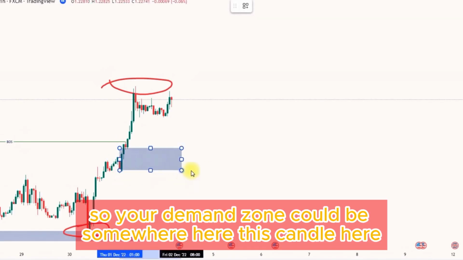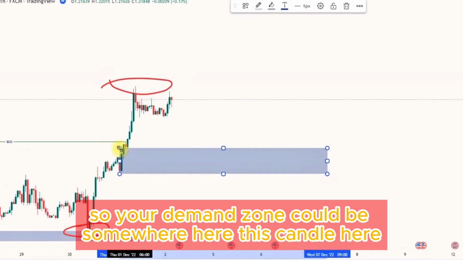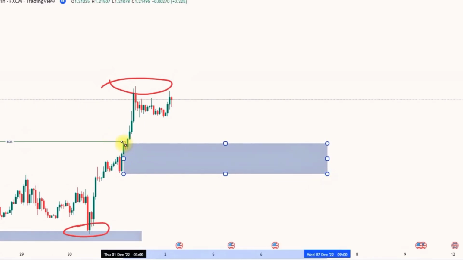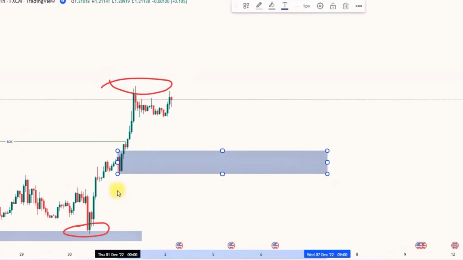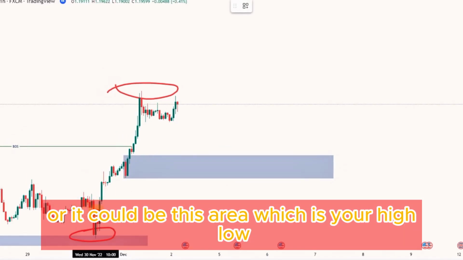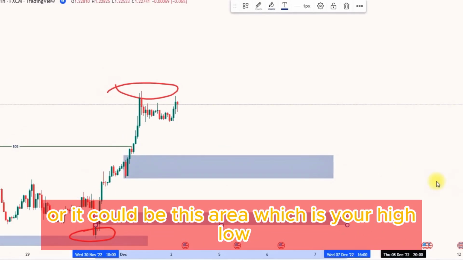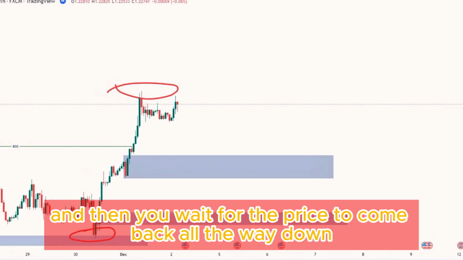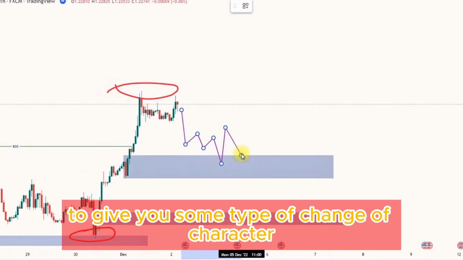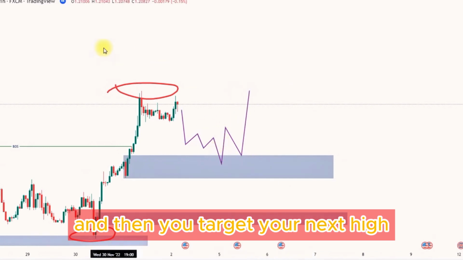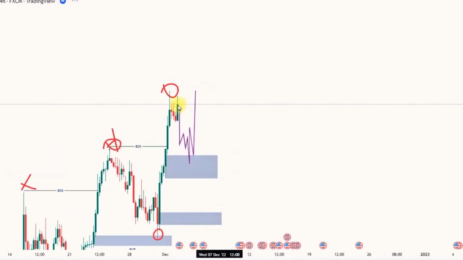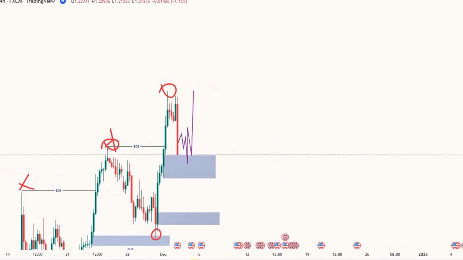So your demand zone could be this candle here, or it could be this area, which is your high low. Then you wait for the price to come all the way down to give you some type of change of character, and then you target your next high, which is here.